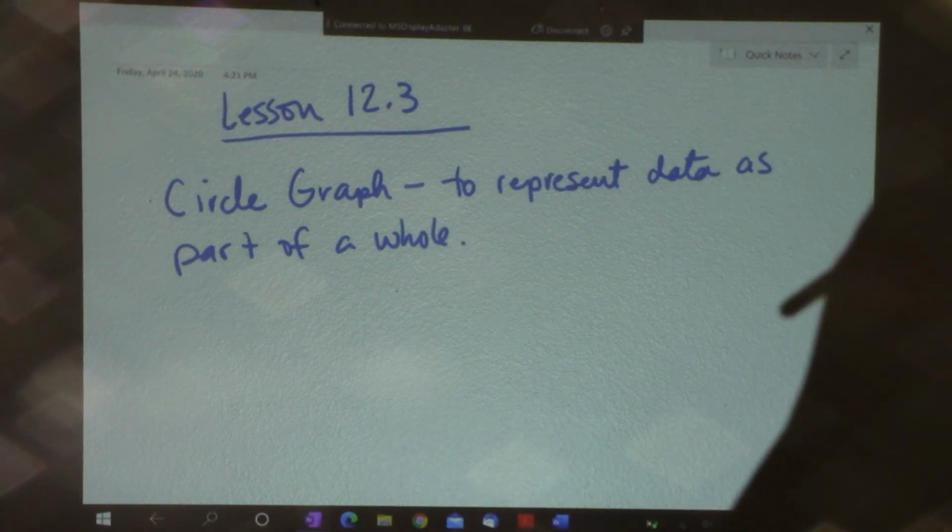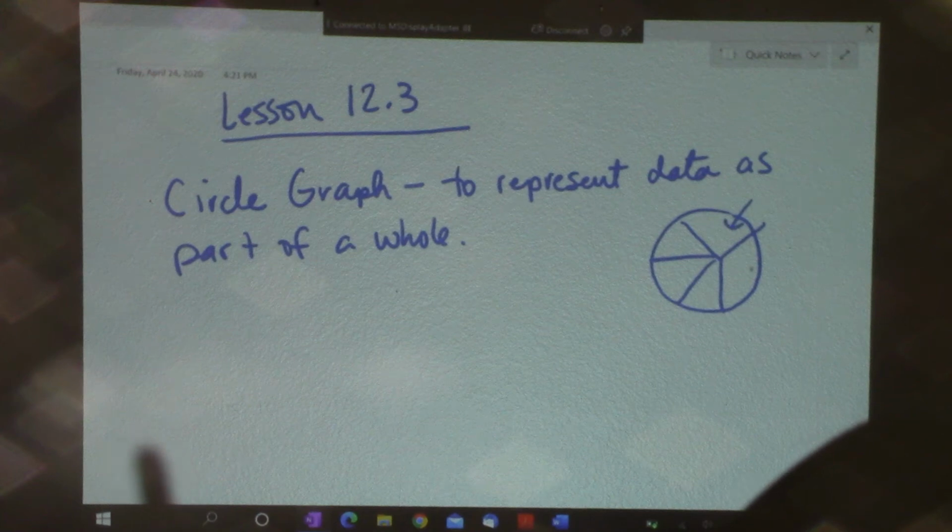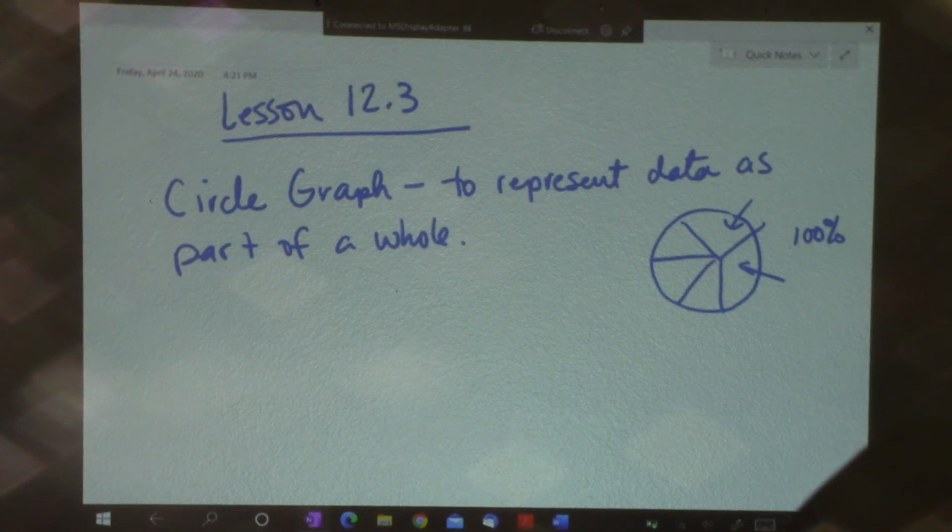Okay, if you look at our circle graph that we had, it was several different parts like this. All of them added up, all the percentages, they added up to 100%. Sometimes you have data that doesn't add up to the whole or to 100%. In this case, it does.